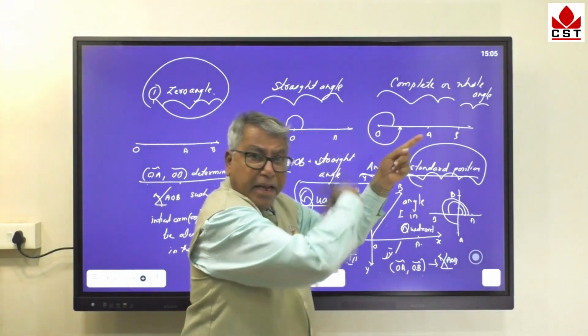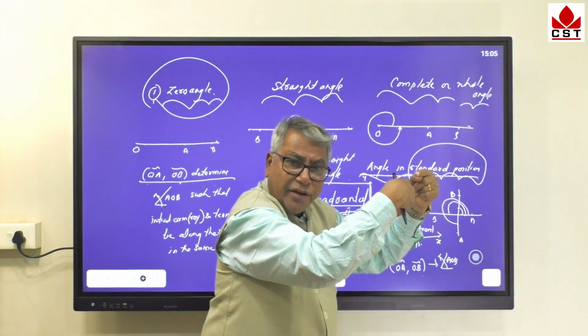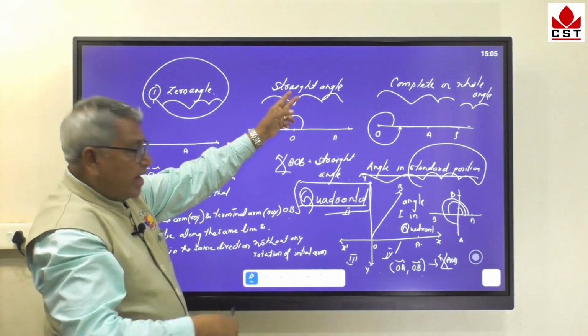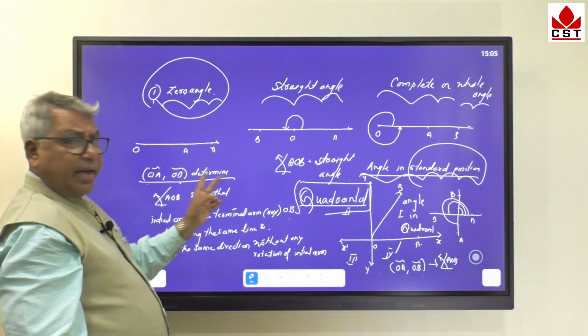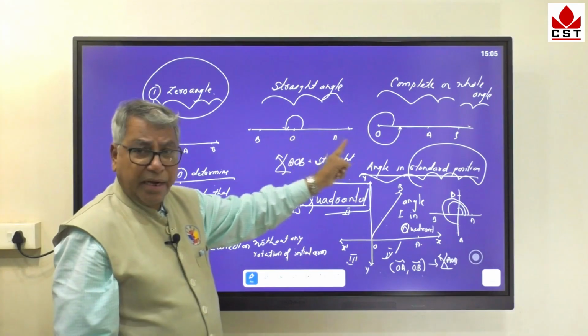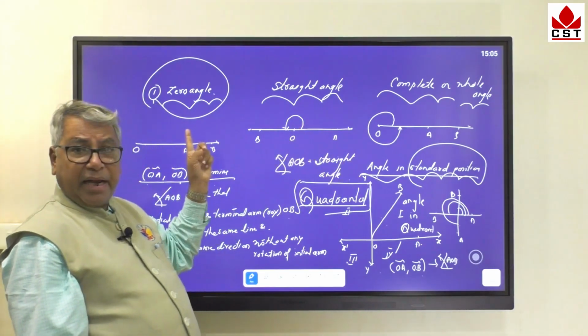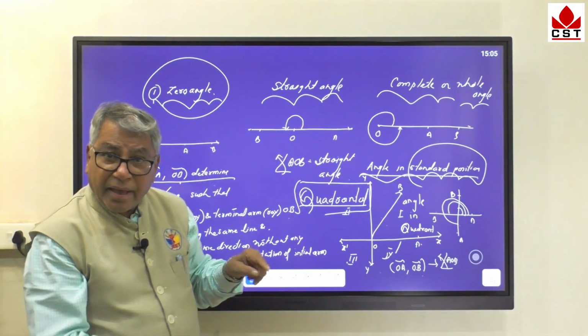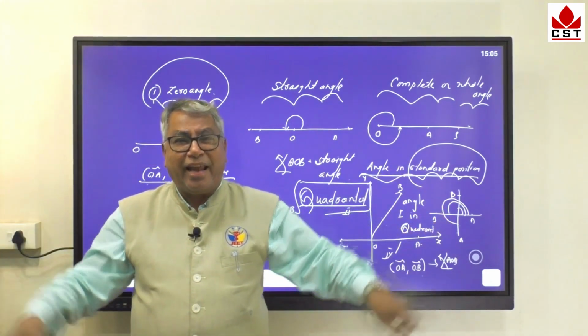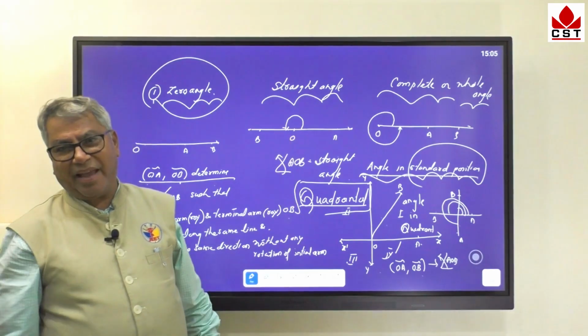And after completing one rotation, same position, a complete or whole angle, right? Third, straight angle: ray OA, ray OB determine directed angle AOB, initial arm ray OA, terminal arm ray OB lie along the same line, but in the opposite direction, correct? So this is called a straight angle.